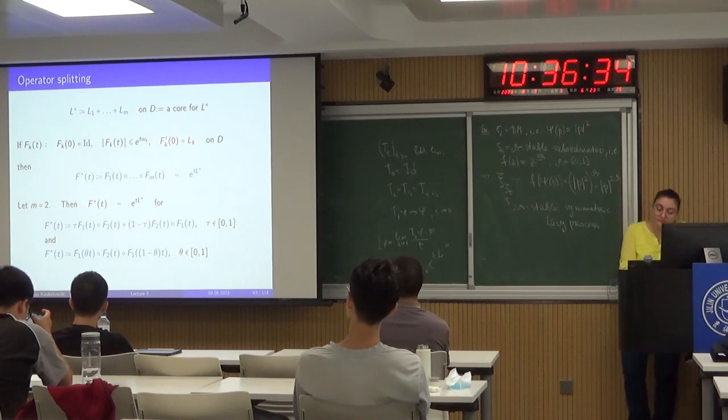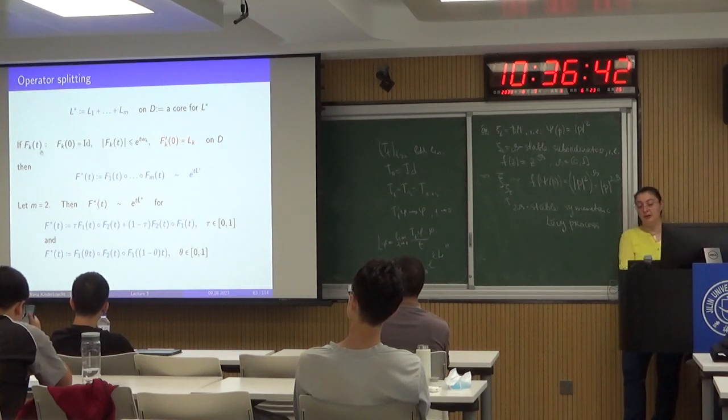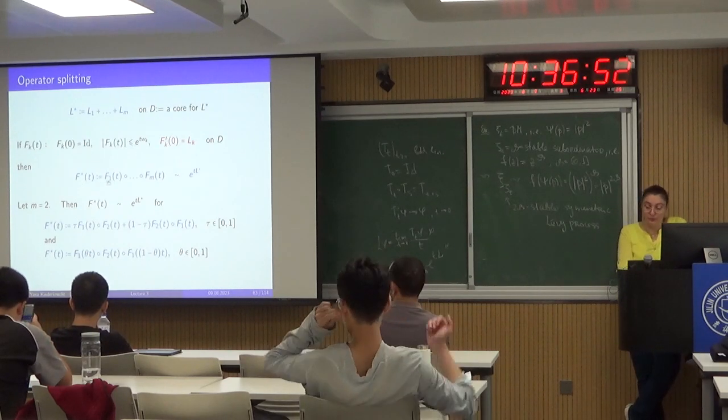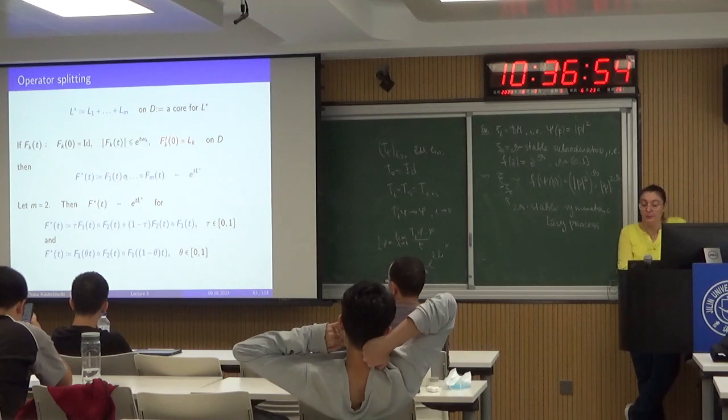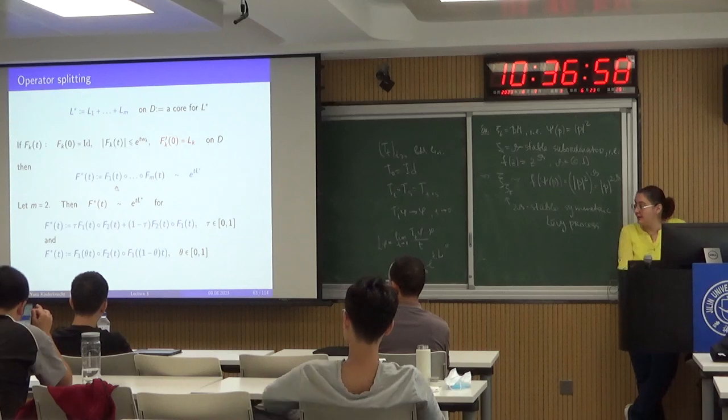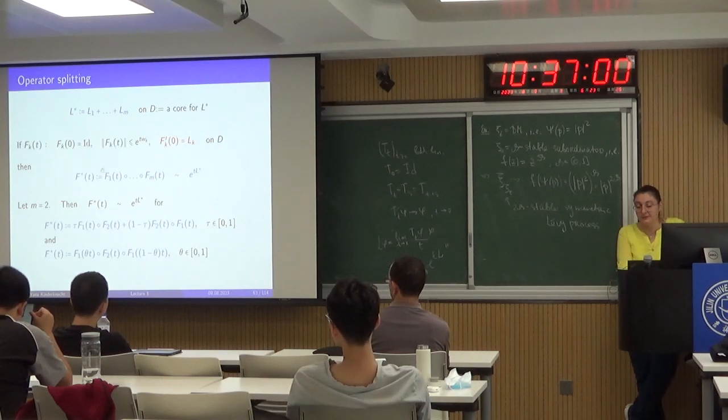One more example. Again, we consider the case that we have only two summands. Assume we have constructed F1 and F2 such that this holds. Then I can construct some new families which are Chernoff equivalent. One is just F1 composed with F2, but of course it does not matter in which order I make this composition.